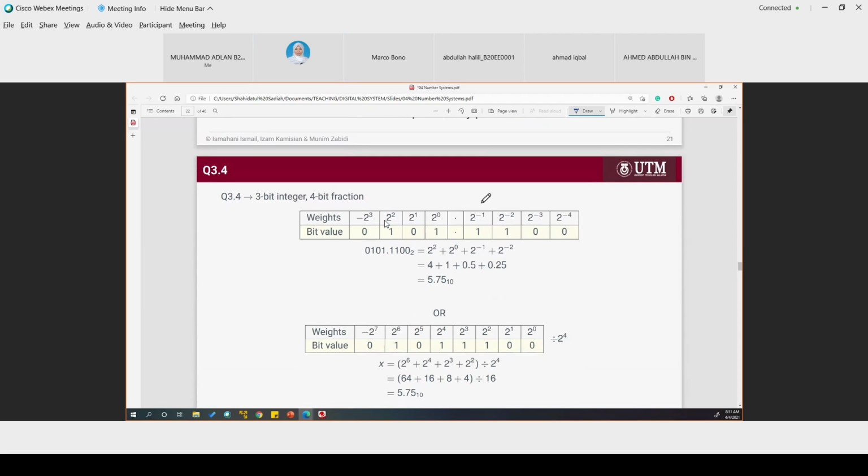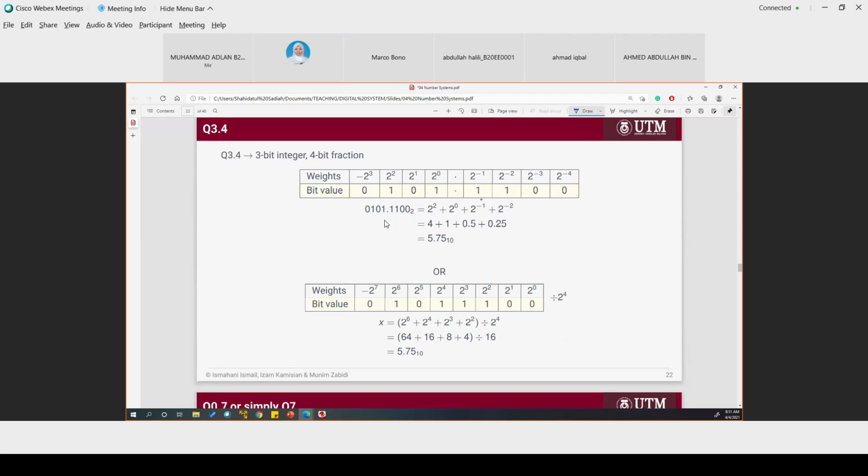Let's look at the example here. If we have a Q3.4, where there are 3 integer bits and 4 fraction bits, the weight is like this, and note that the MSB is negative because that is the sign bit. The rest are positive.